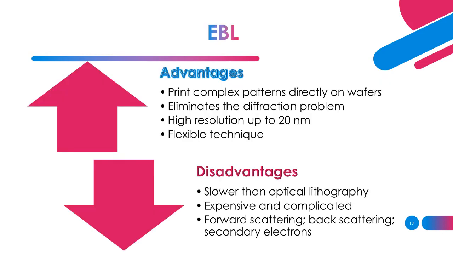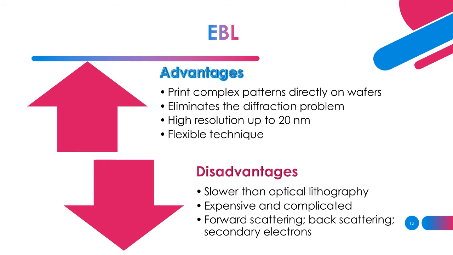EBL has its own advantages and disadvantages. In terms of advantages, it can print complex patterns directly on the wafer without a mask, so you don't have to fabricate the mask first. It can also eliminate the diffraction problem in X-ray lithography and photolithography.